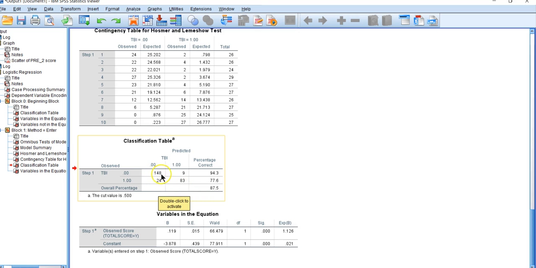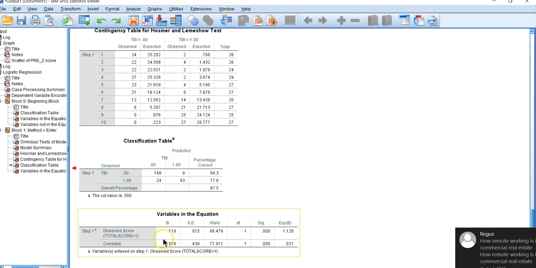And it correctly predicted 148, which is 94%, did not have it. That's specificity. And it predicted that 83 did have it. That's sensitivity at 77. The overall accuracy, if you look at the correct, which is 148 plus 83 divided by the total number, is 87.5%.